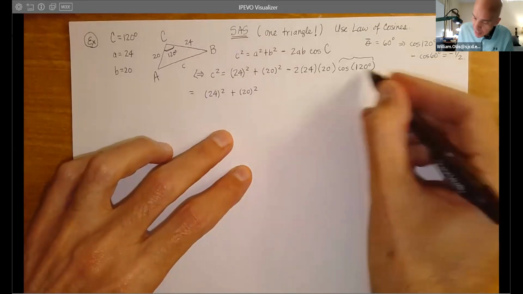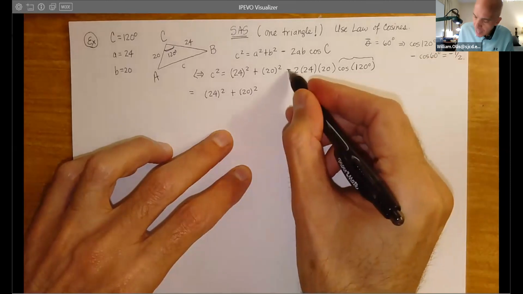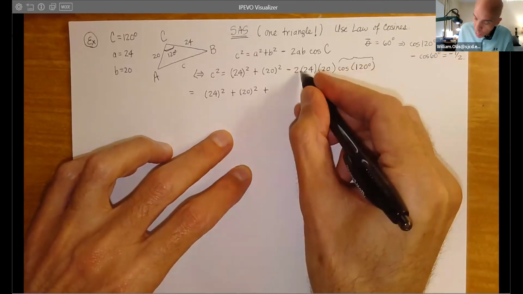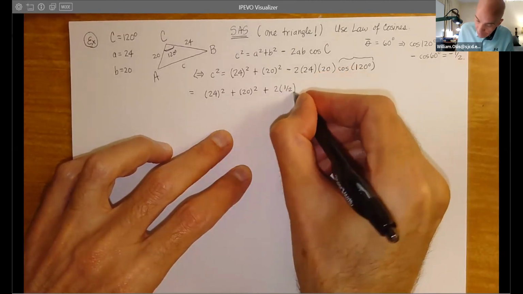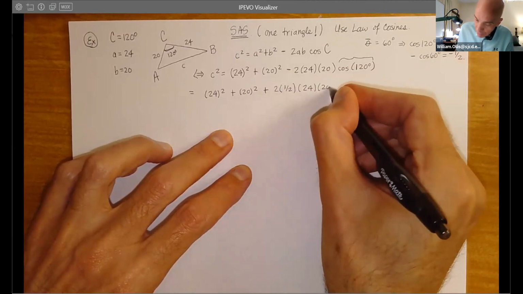Now notice this is a negative 1/2 in this case, so we get a plus, minus minus. We get plus. We have the 2 times the 1/2, that just absorbs, and we have 24 times the 20.